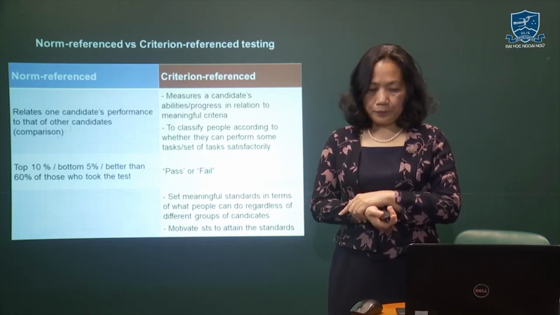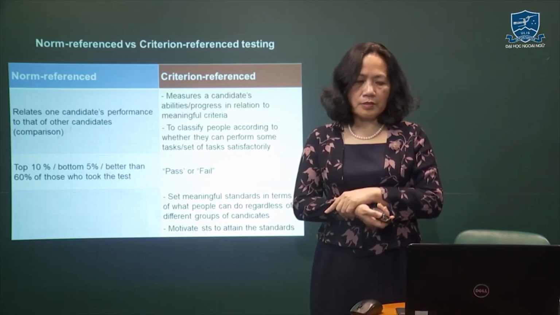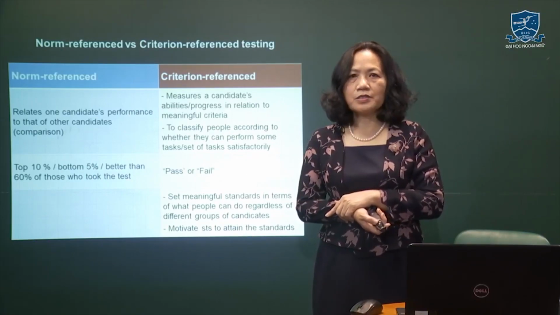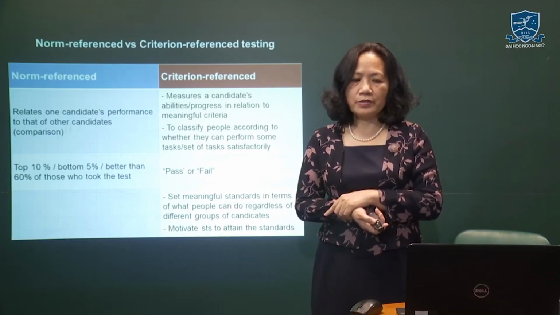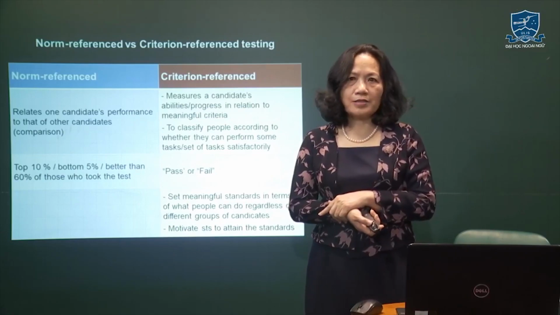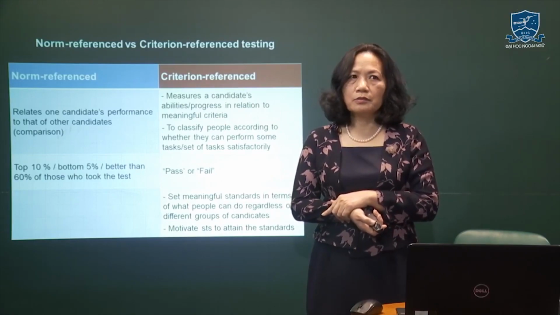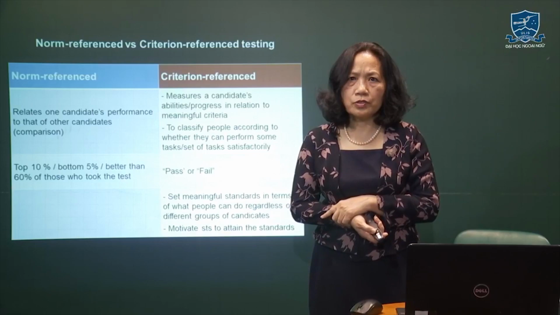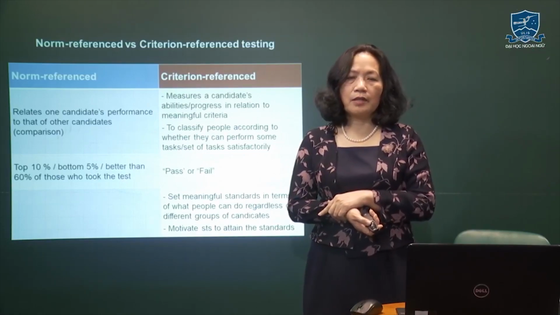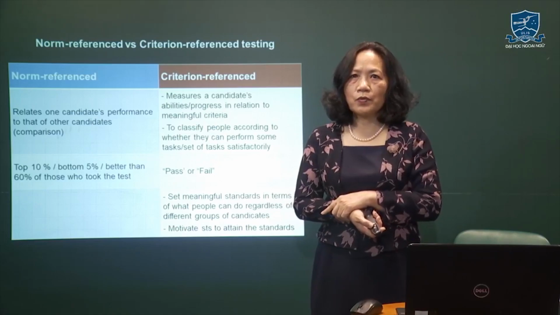So these are the differences between norm-referenced and criterion-referenced testing. For national excellent students contests, we use norm-referenced, and for other tests, we normally use criterion-referenced.